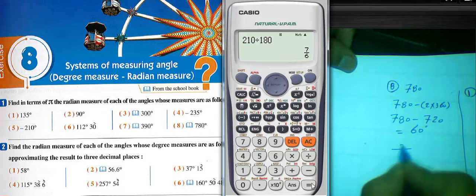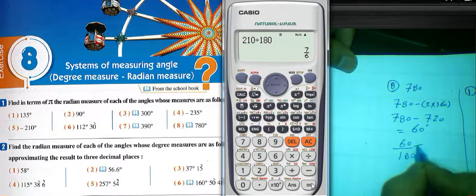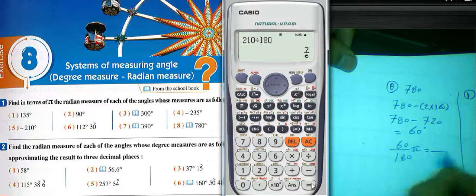You can find the ratio 60 over 180 multiplied by pi. We can cancel the zeros, and the result is 1 over 3 pi.